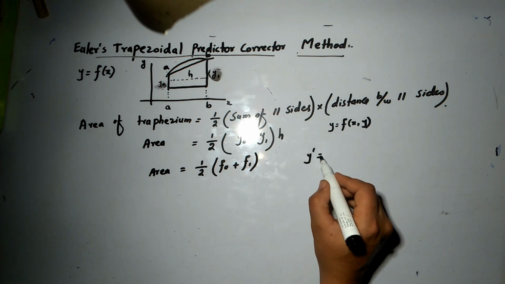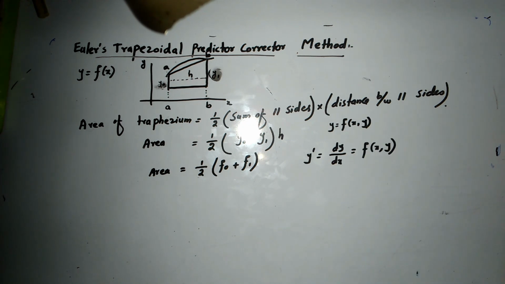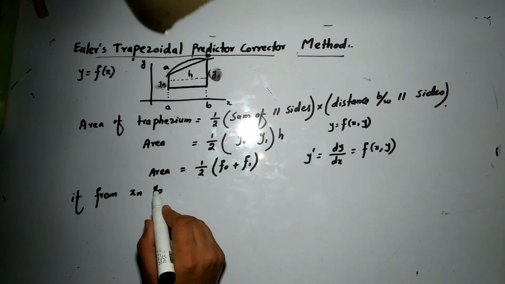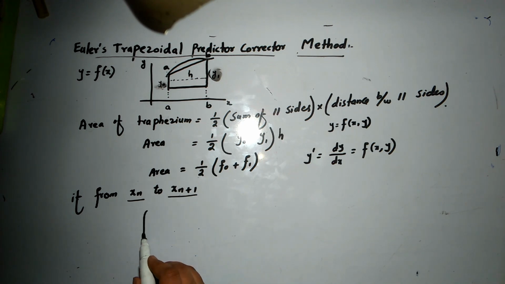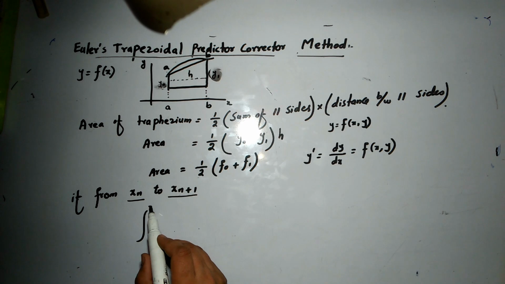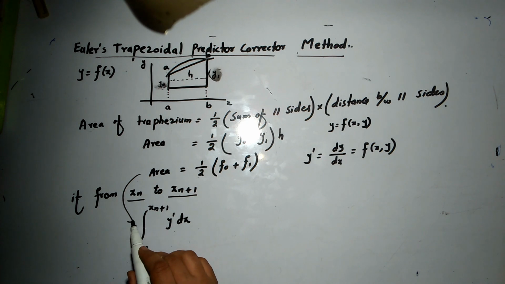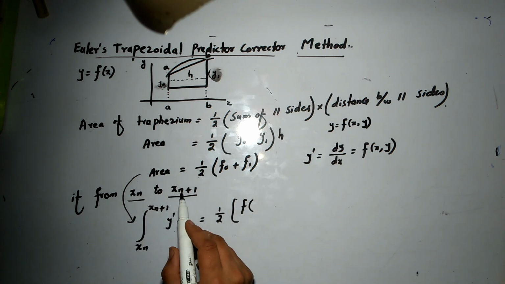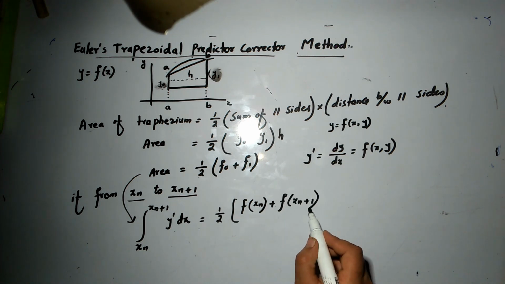As we know that y dash is equal to dy over dx, which is equal to f of x and y, if we go from xn to xn plus 1 and take the integration, we can write the area as the integral from xn to xn plus 1 of y dash dx, which is equal to 1 over 2 times f of xn plus f of xn plus 1.